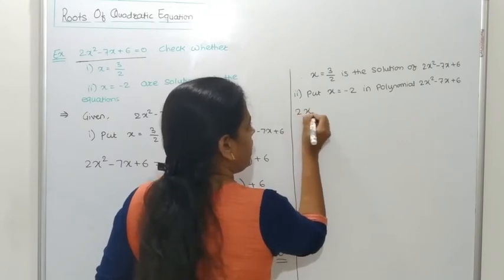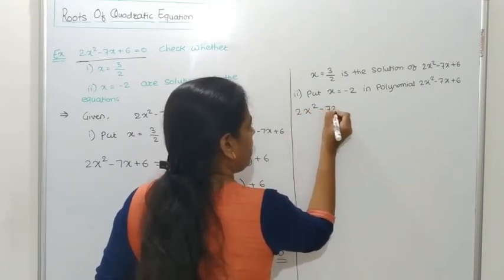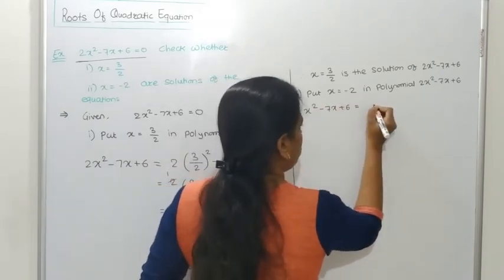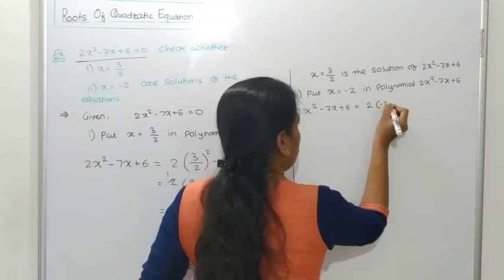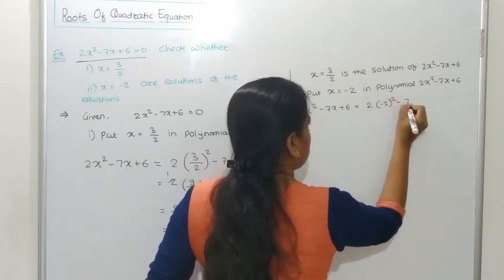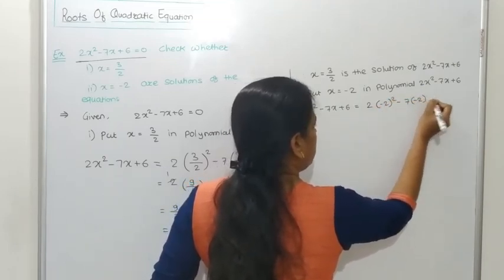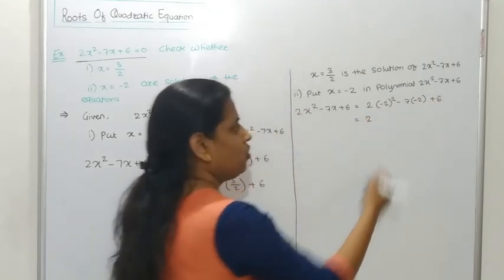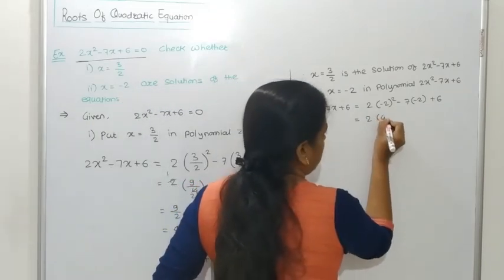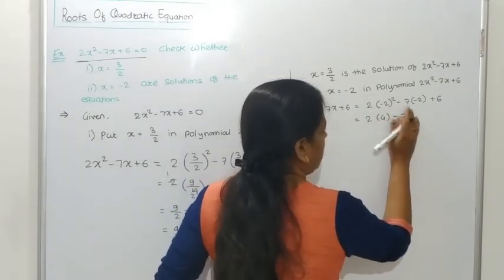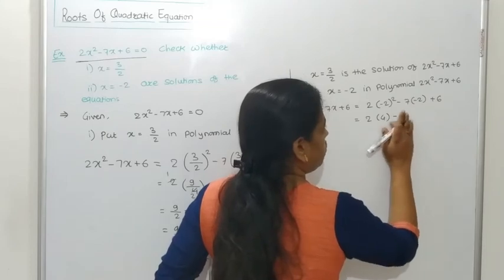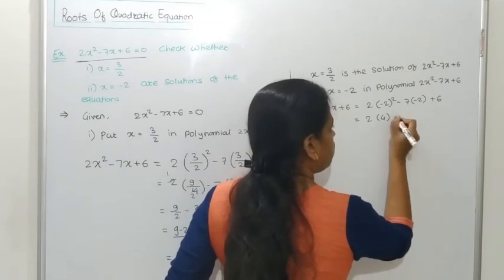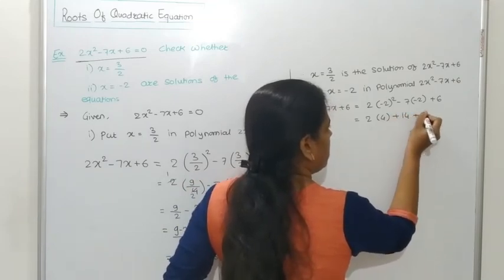Write down the polynomial as it is: 2x square minus 7x plus 6 is equal to, instead of x we put minus 2. So 2 times minus 2 square, minus 7 times minus 2, plus 6. Then what is the result? That is 2 times minus 2 square, which is 4, so 8, and minus 7 into minus 2 is plus 14, plus 6.